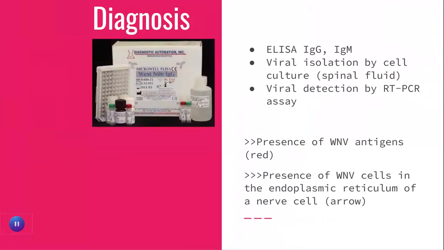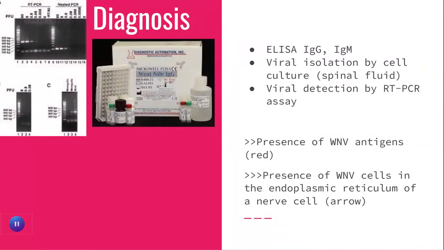For a diagnosis, this can be diagnosed by ELISA, IgG or IgM, viral isolation by cell culture, specifically in spinal fluid, and viral detection by RT-PCR assay.